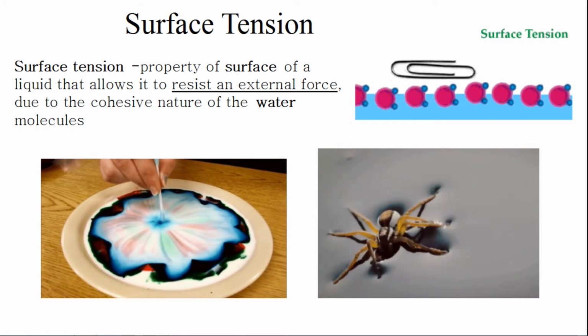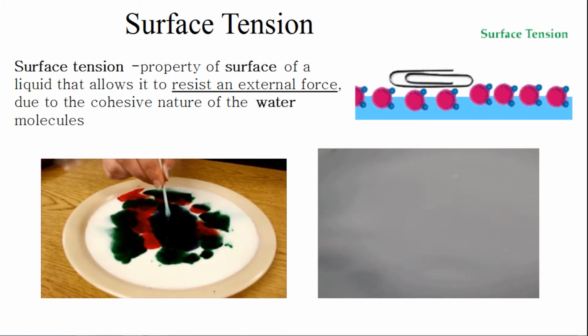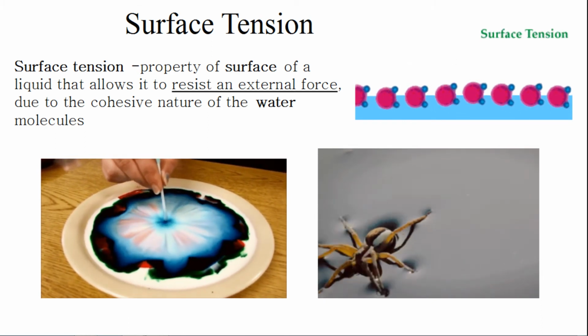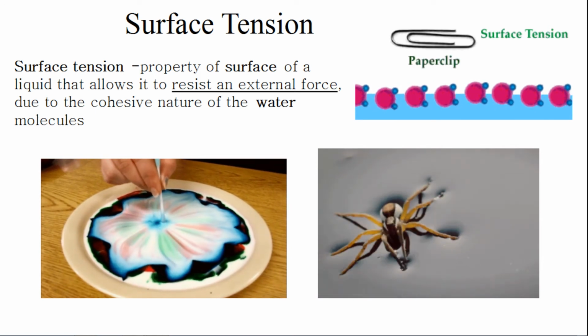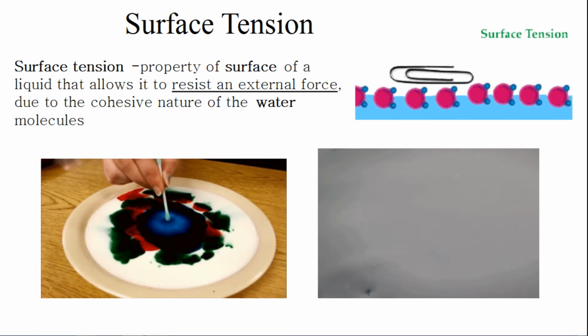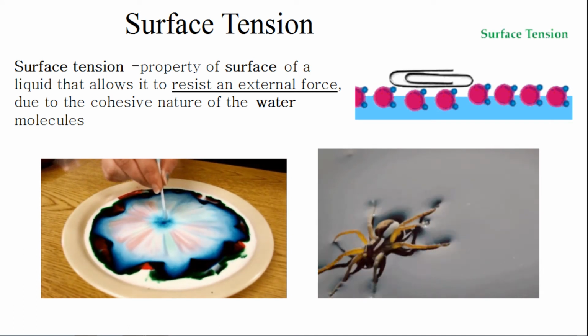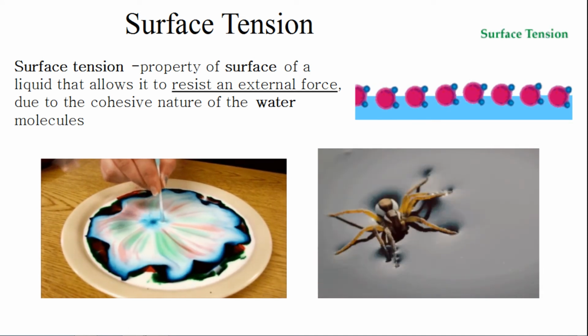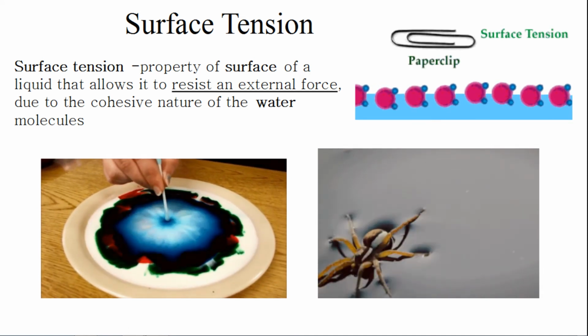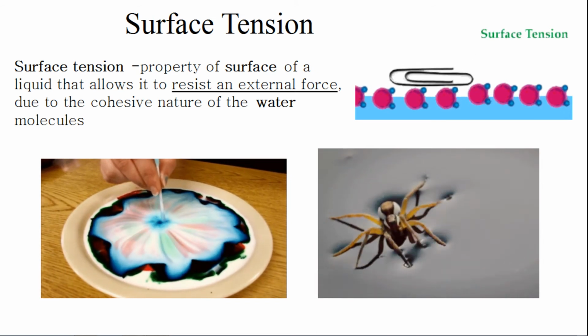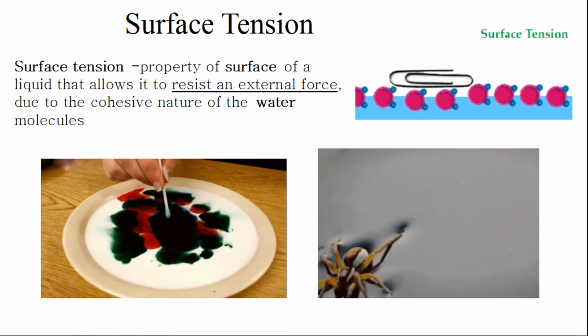That's why this insect can walk on this water surface. Similarly, this pin can stay on this water surface, as well as this color combination you can see on the water surface, only because of the resistance offered on the top face of a fluid. So this interesting phenomenon we are going to learn with a simple numerical on it.